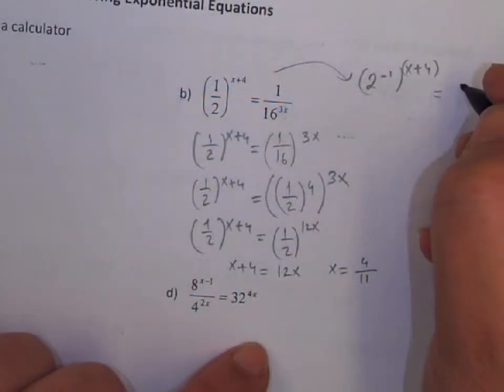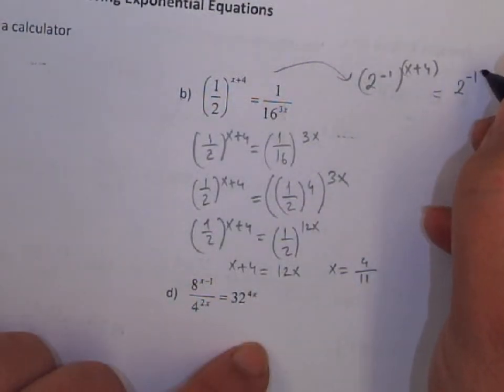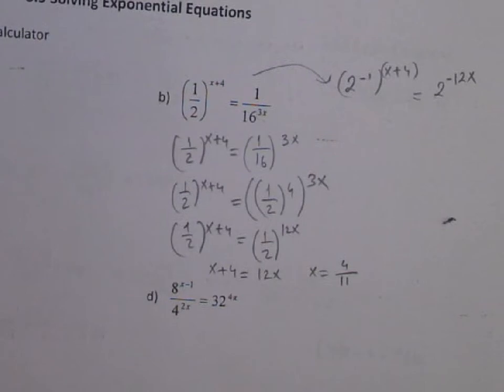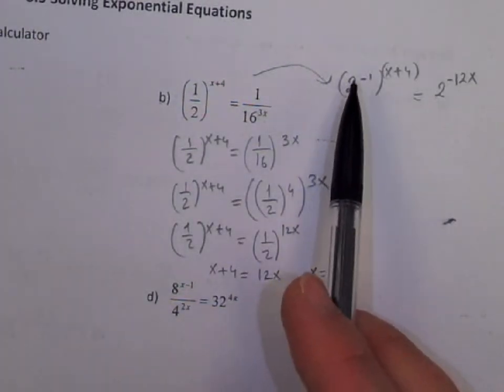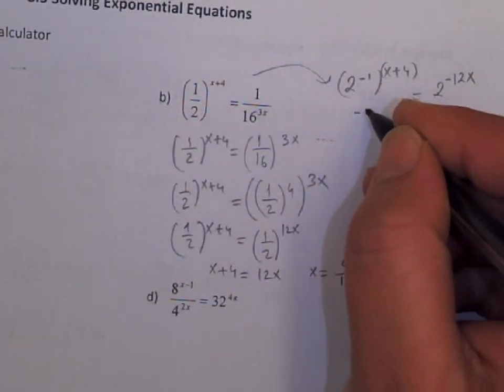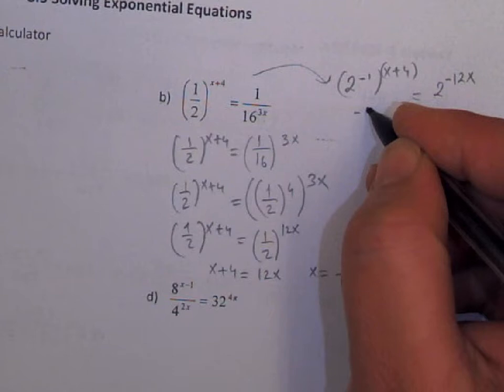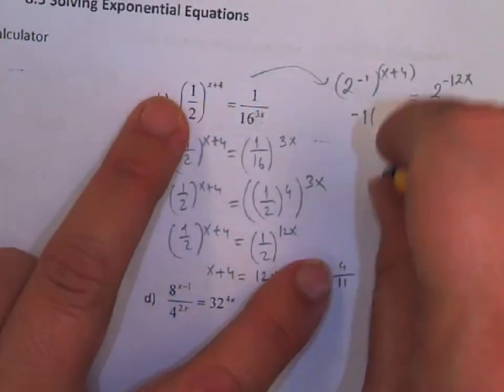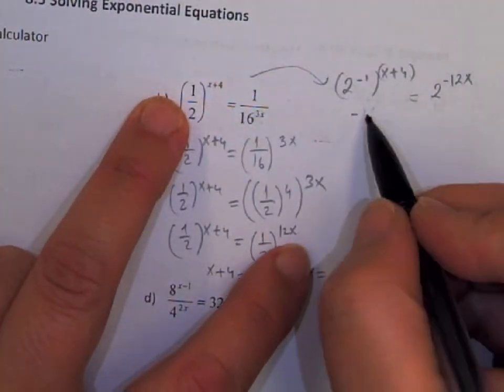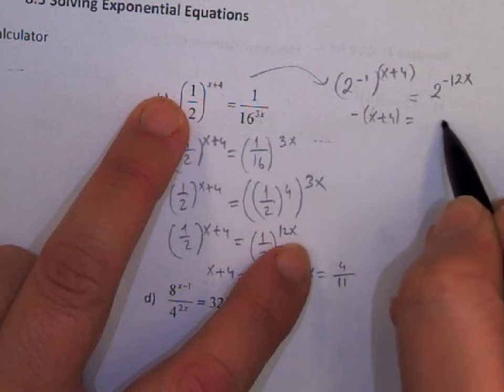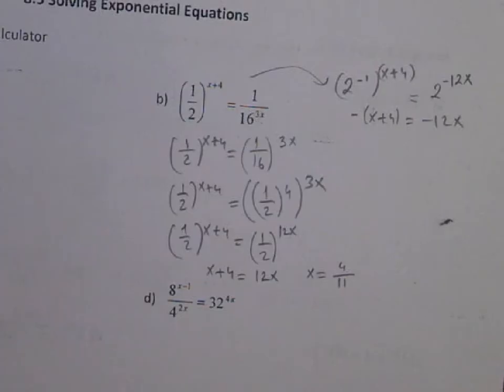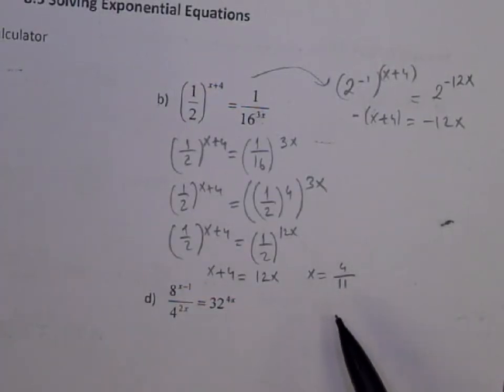Okay, therefore you get 2 to the power of negative 12x. And if you solve this, you get negative 1 times x plus 4 equals negative 12x. When you solve, you still get x equals 4 over 11. Both is fine.